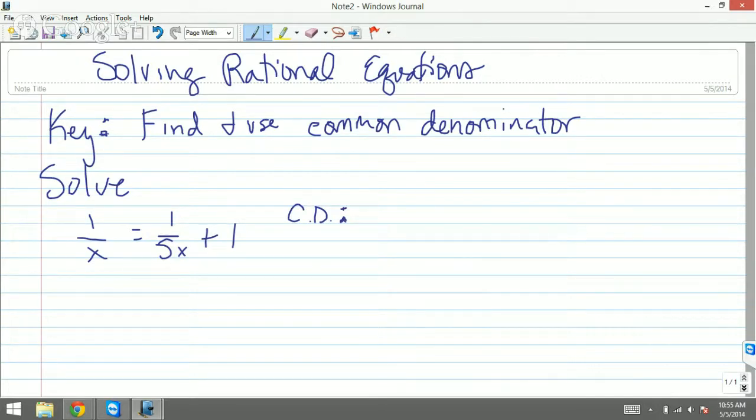Okay, what's the common denominator in any of them? 5. 5 is a part of it. Remember, that's over 1. And what else is in them? Right. That's going to be our common denominator.